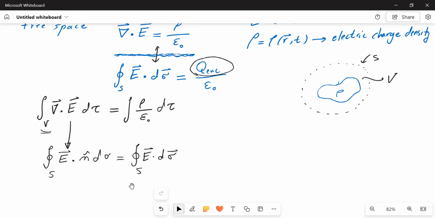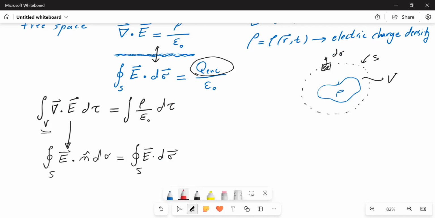And so if you want to find out what this d sigma and d tau are, it's quite simple here. For instance, if I break down this surface into infinitesimal little elements of area, let's consider the area of every single infinitesimal piece to be d sigma, and the area vector, according to the definition for closed surfaces, is always pointing outwards from the surface, and it's perpendicular to the surface.